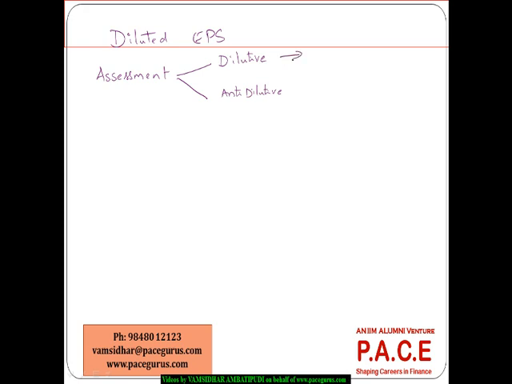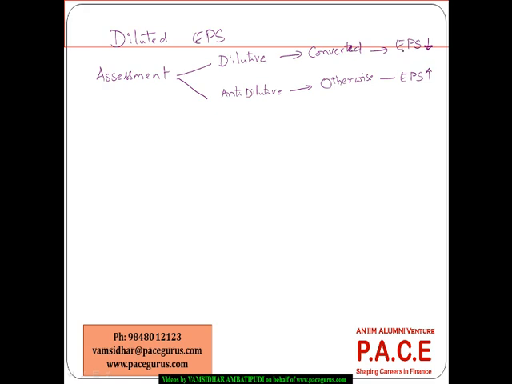If all of those potential dilutables are converted into equity, and after conversion I see that the EPS is dropping, then I call those securities dilutive securities. But if the EPS is increasing after their conversion, then I call them anti-dilutive securities.